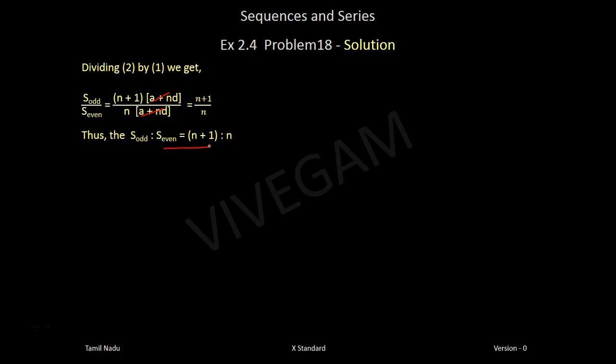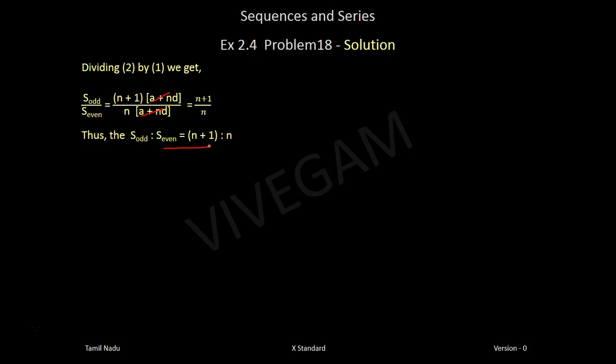So the key is you will have to write an example clearly, right? Put a series and then select all the odd terms, segregate them and create one series. Collect all the even terms and create one more series. The only thing you have to understand is that the first term and the common difference will change when you are having the odd series and the even series. The common difference will become 2d and the first term will be a for the odd series.